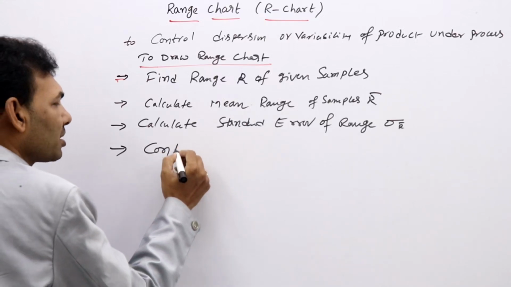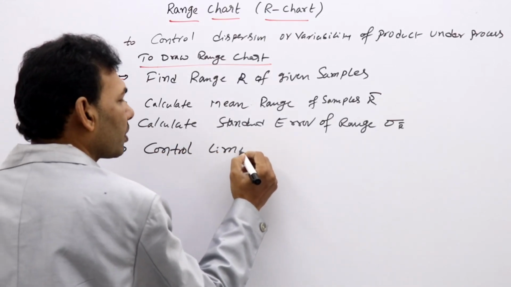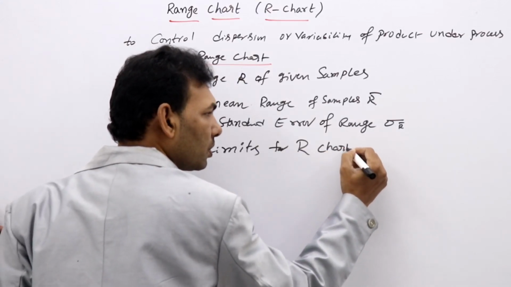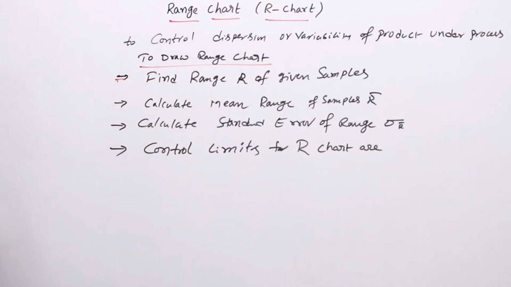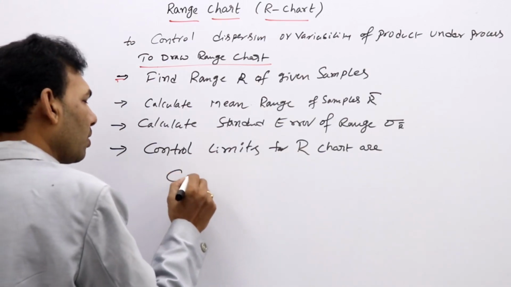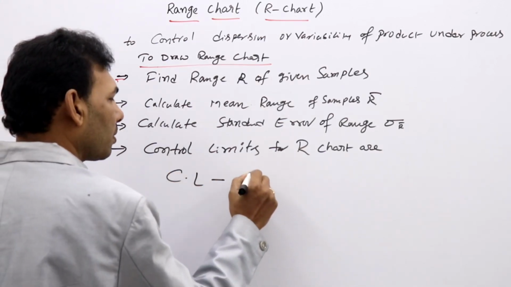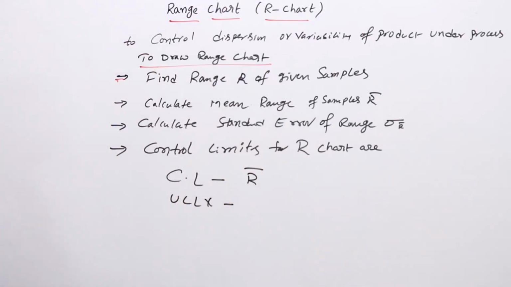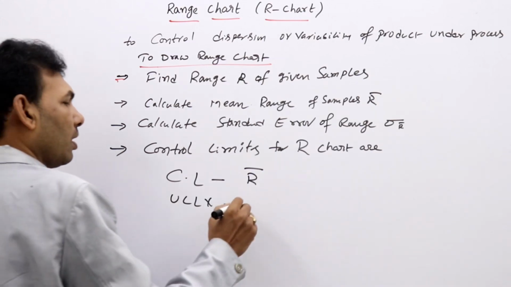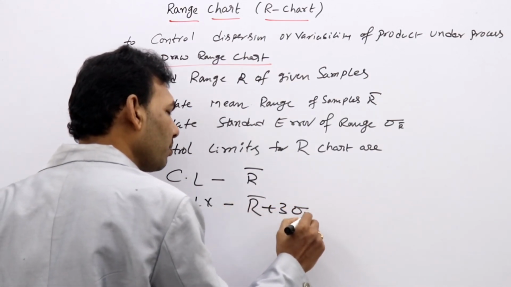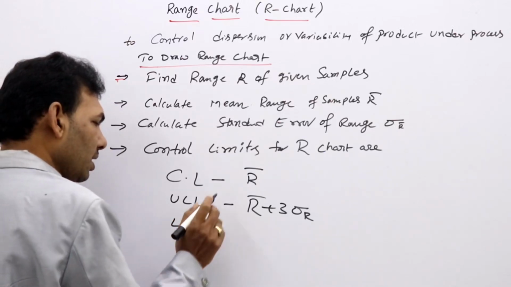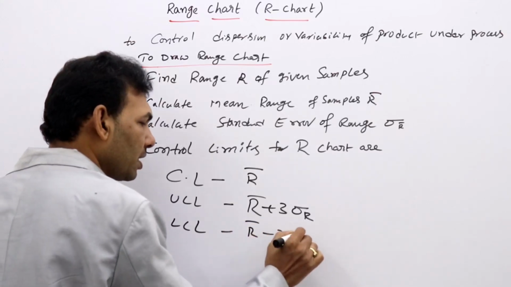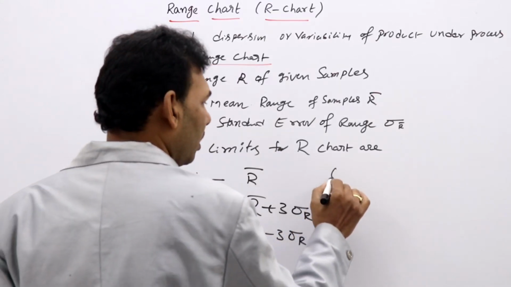Next, the control limits for R chart are: CL, the control line, is R bar. UCL, upper control limit, is R bar plus 3 sigma R. LCL, lower control limit, is R bar minus 3 sigma R.